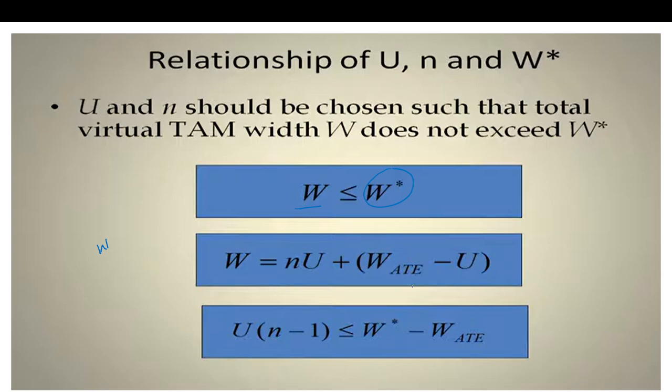And in this formula we have W, we have N U high speed width plus the ATE width minus the U. So we obtain from substituting all this, we get this: U N minus 1 should be less than or equal to W star minus W ATE.